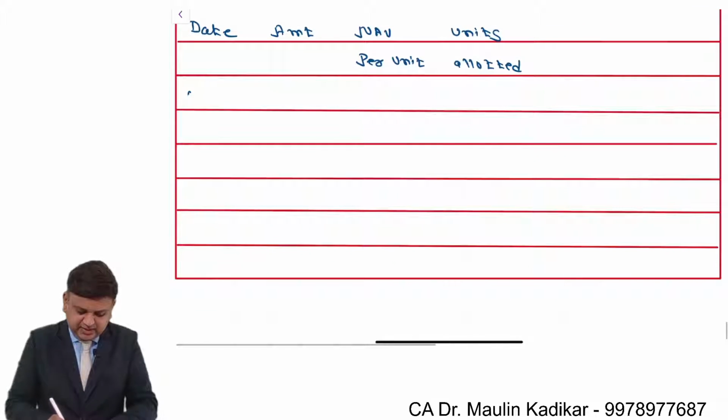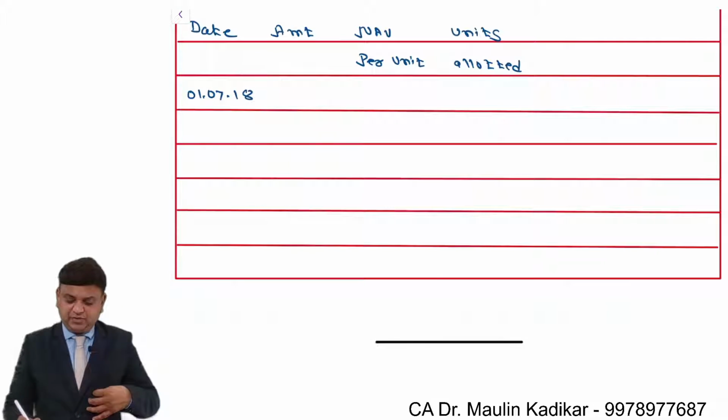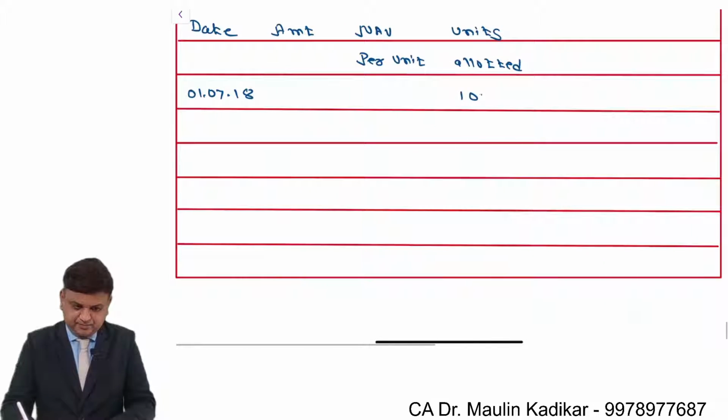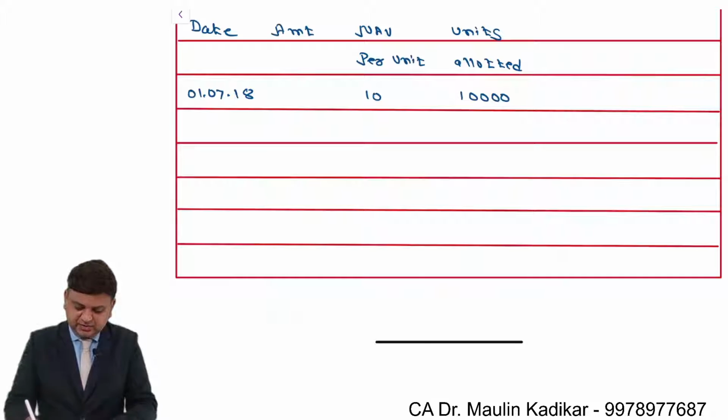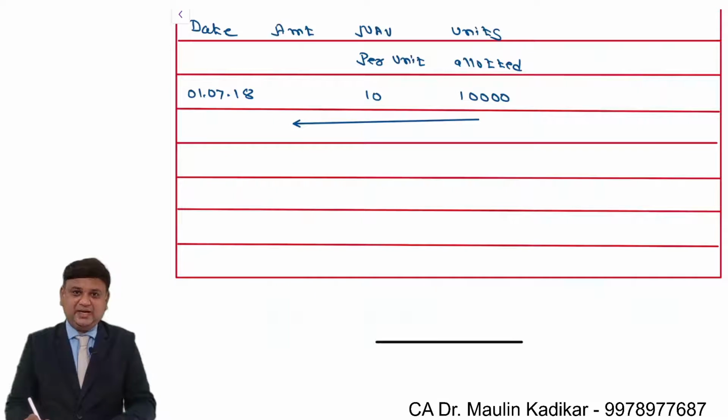The question is providing the information that 10,000 units were allotted. The face value is given as 10 rupees. So the amount of investment is rupees 1 lakh. How is this 1 lakh calculated?